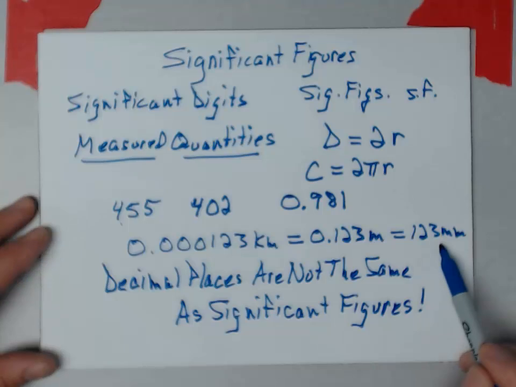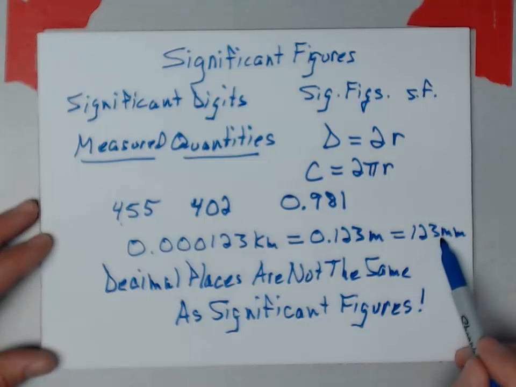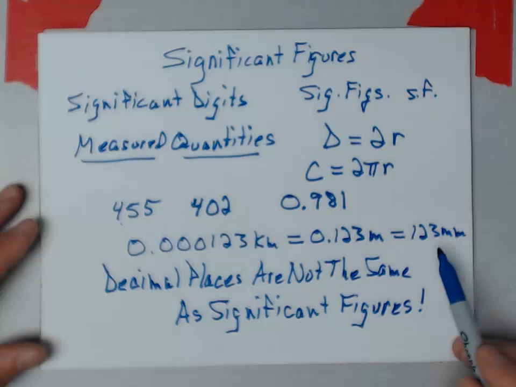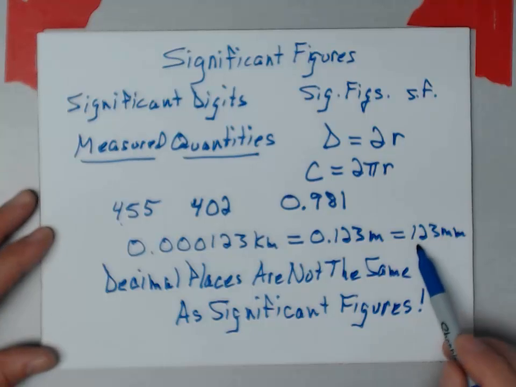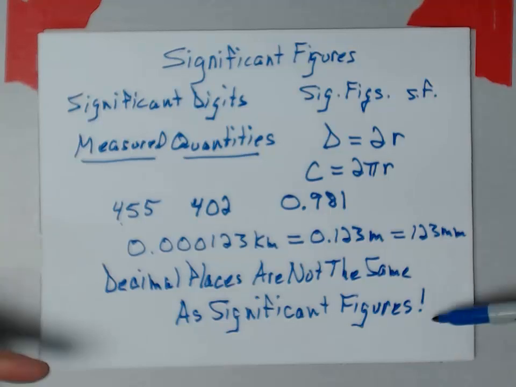This number, because the decimal place would be after the 3 here, has nothing after the decimal place, so I'd say it has no decimal places, but it has 3 significant figures. So don't confuse decimal places and significant figures. They're usually 2 different things.